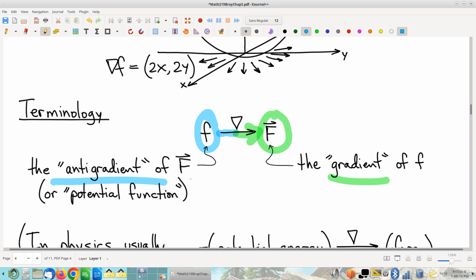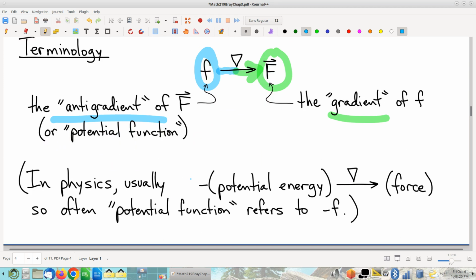It's motivated, again, just like derivative and antiderivative. I think it's very natural language. That's what you're going to hear me saying in Math 219 when I'm talking about such a thing. Now, that said, I do want to point out this is not the most common term. The most common term to describe this is potential function, which seems to come out of nowhere.